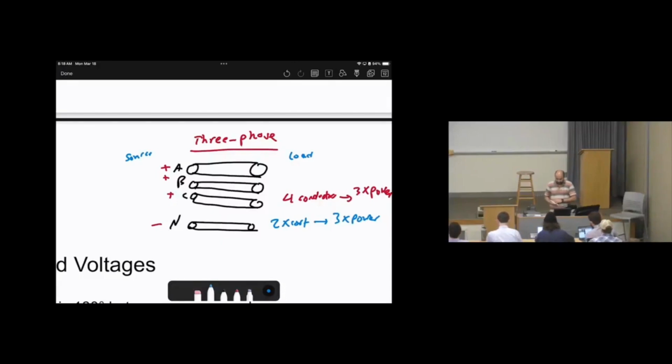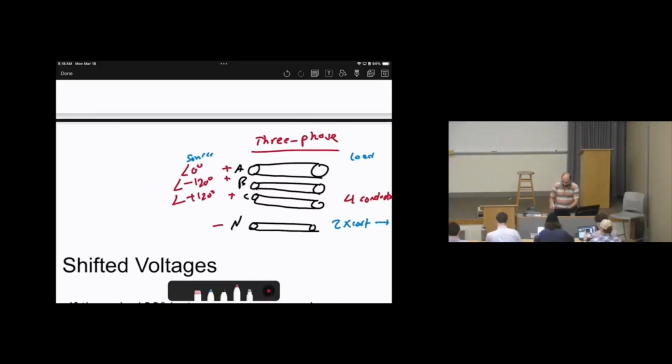Now, with this situation, we will assume a phase shift for each phase. The angle of phase A is 0 degrees, the angle of phase B is negative 120 degrees, and the angle of phase C is positive 120 degrees. Why do we assume these angles? Basically, it is 360 divided by the number of phases.